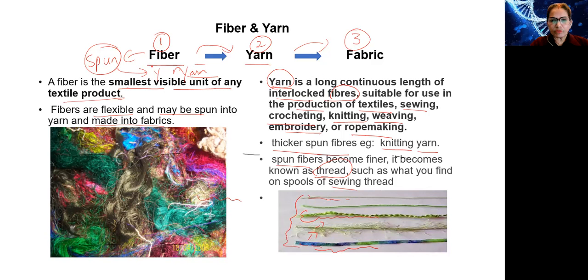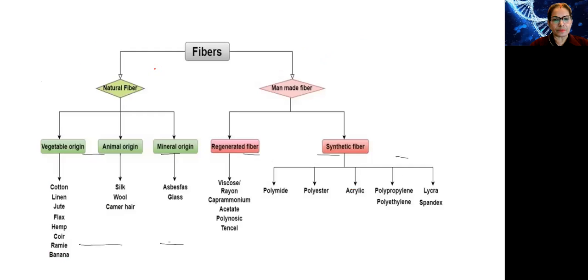So for that, what is the basic requirement? We require fibers. Now, where do we get these fibers from? That is what we are going to see in this chapter. Where is this fiber obtained from? Okay, where can we get these fibers? Now, fibers can be of majorly two types.